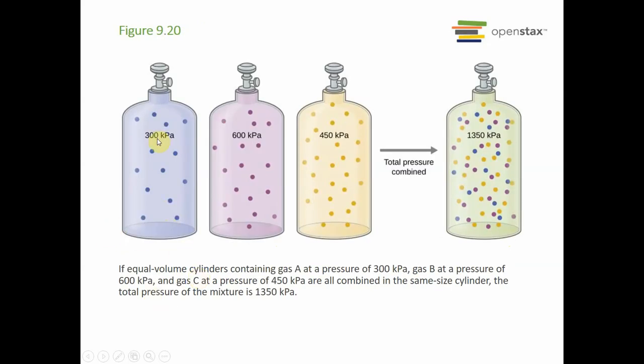So here we've got 300 kilopascals of gas A, 600 kilopascals of gas B, 450 kilopascals of gas C. And if we mix them all together, we've got 1350 kilopascals of a mixture.